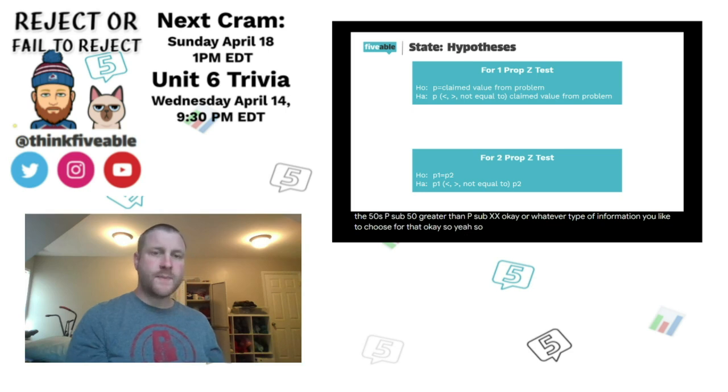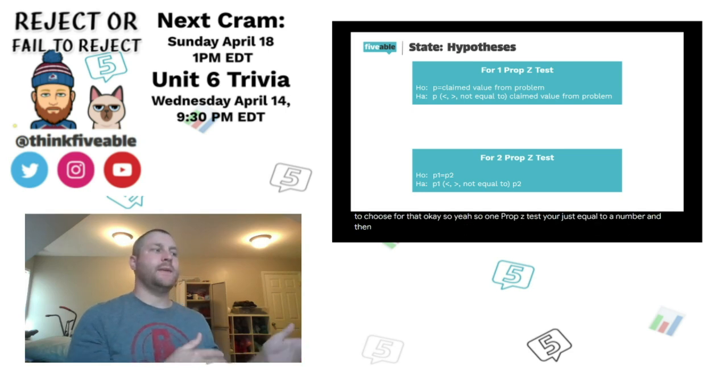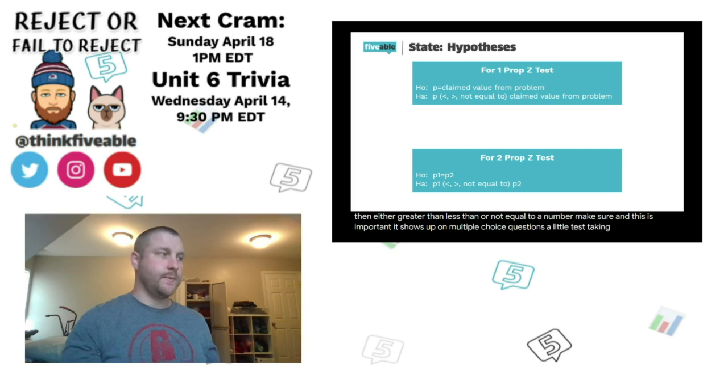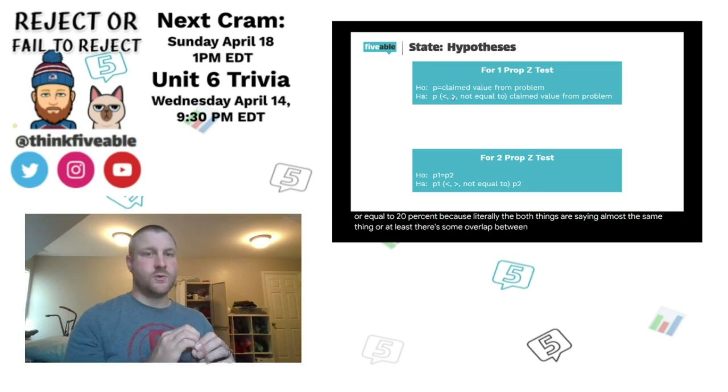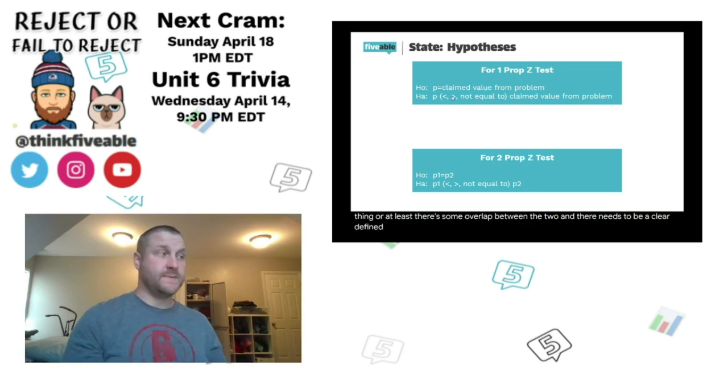So one prop z-test, you're just equal to a number, and then either greater than, less than, or not equal to a number. Make sure, and this is important, it shows up on multiple choice questions, a little test taking tip: never underline your greater than or less than sign. It would make no sense to be testing the claim that P equals 20% against P greater than or equal to 20%, because both things are saying almost the same thing, or at least there's some overlap between the two, and there needs to be a clear defined difference between the H0 and the Ha.